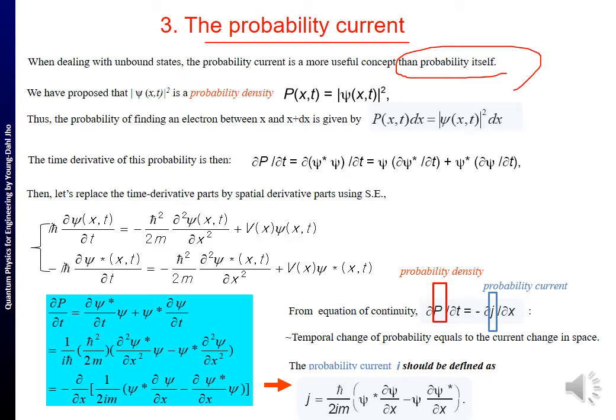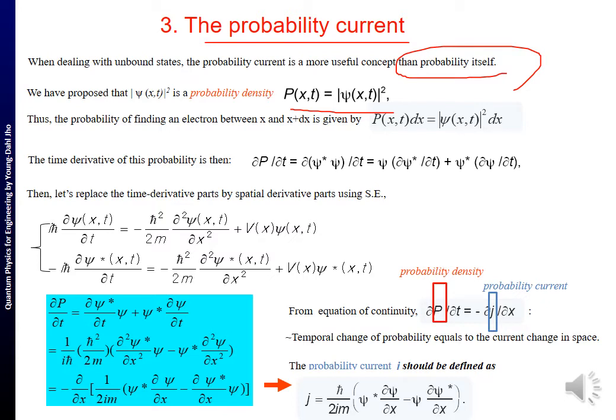We have proposed that psi squared is the probability density, as shown here. Thus the probability of finding an electron between x and x plus dx is given by P dx equal to psi squared dx.